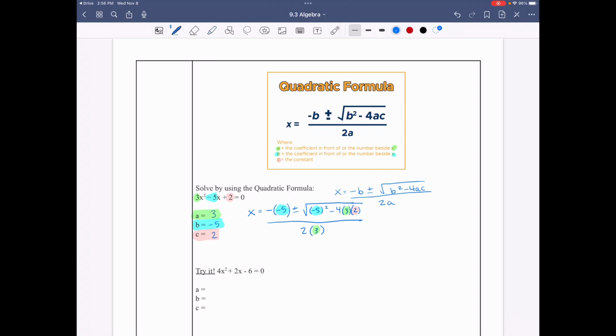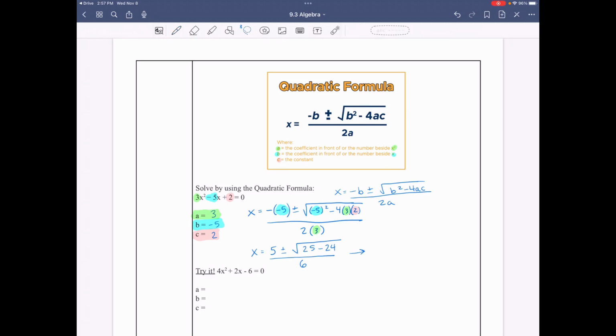Now let's simplify this. So x is equal to, the negative 5 changes to just positive 5, plus or minus the square root. Negative 5 squared is 25. Negative 4 times 3 is negative 12, and negative 12 times 2 is negative 24, all over 2 times 3, which is 6.